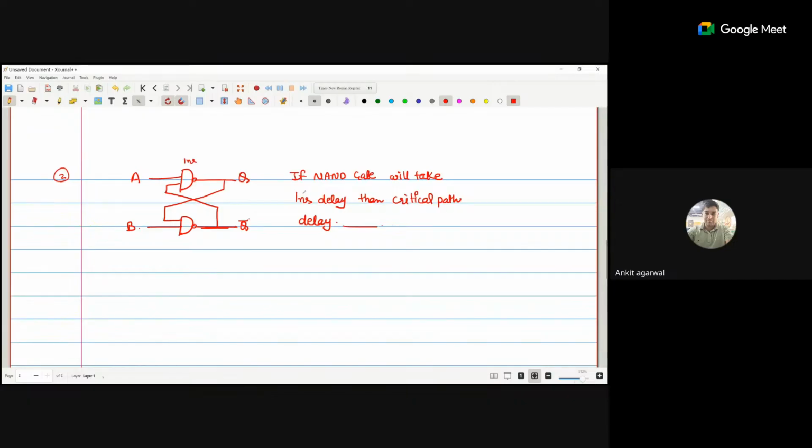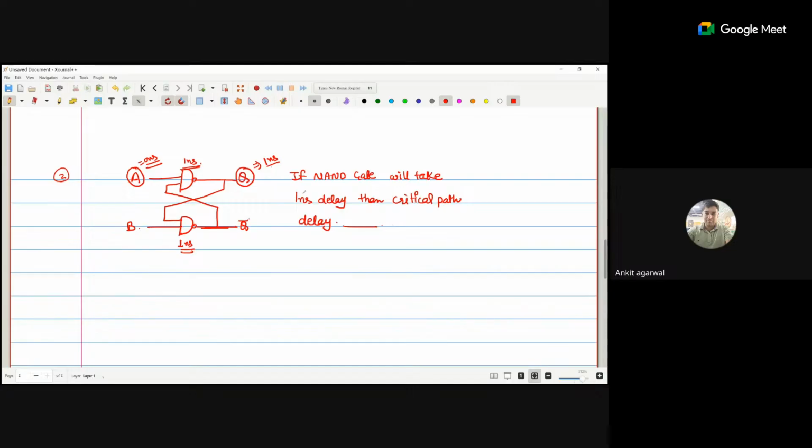So that will take 1 nanosecond, that will take 1 nanosecond. Now here the term is the critical path delay. What is the meaning of that? If this NAND gate takes 1 nanosecond and the A input is applied at 0 nanosecond, then we get Q after 1 nanosecond.